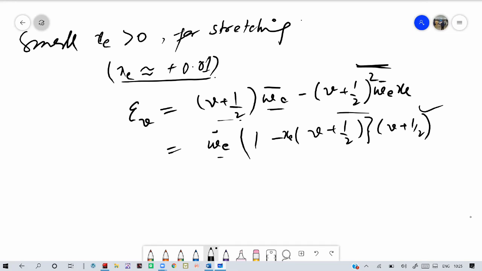For quadratic we have taken X E, but for cubic we will take a different one because it changes with the amplitude. Then Y E, then Z E, but the magnitude of those higher order vibrations diminishes.